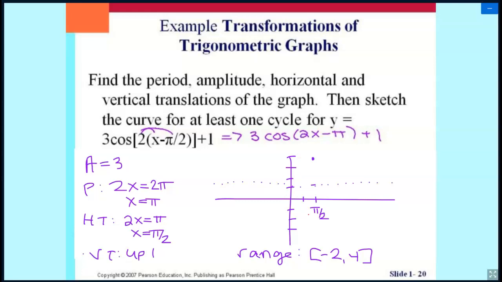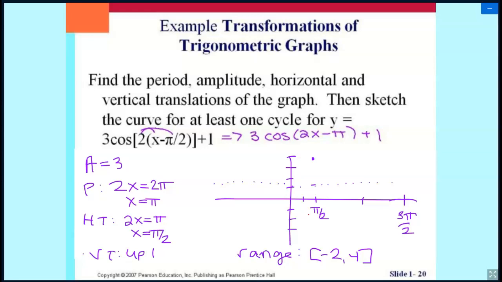The period is pi. So what that means is that this graph is going to end pi after it starts. So if it starts at pi halves, it's going to end at 3 pi halves.